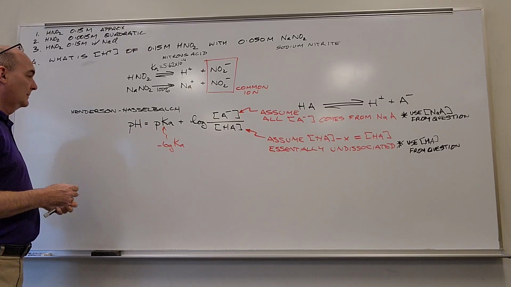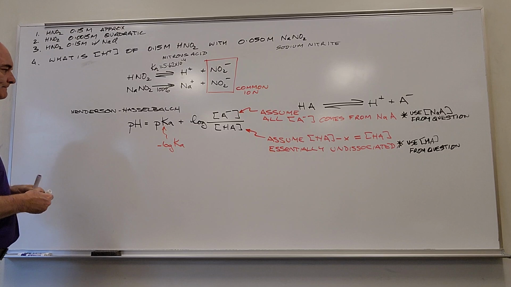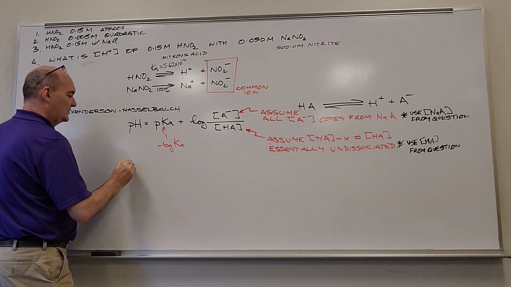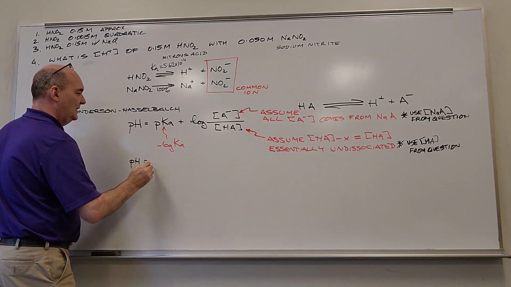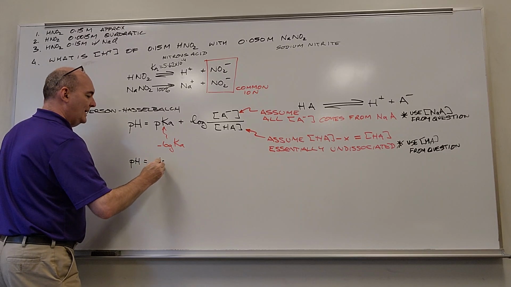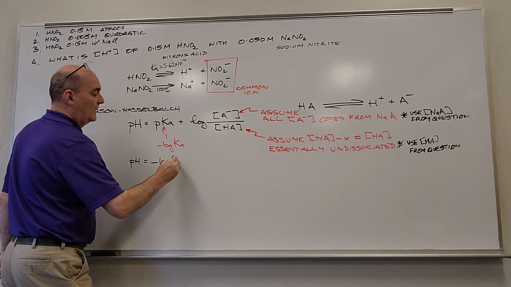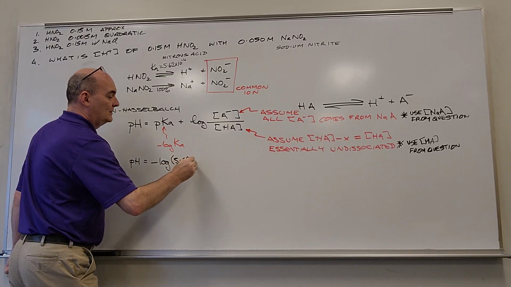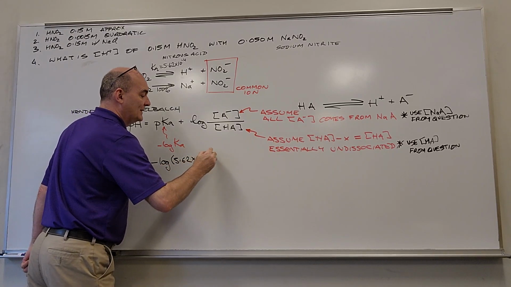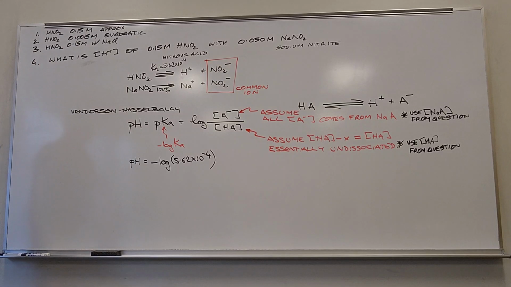Anything at all. So pH is equal to the negative log of 5.62 times 10 to the negative 4. That's our Ka for the nitrous acid, weak acid dissociation constant.